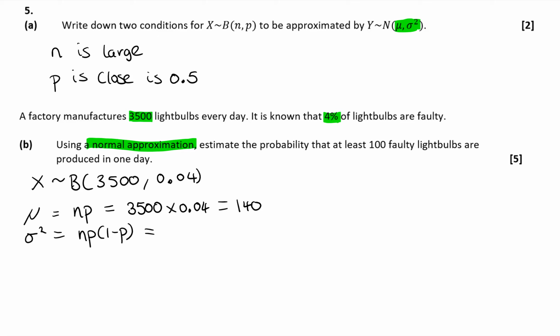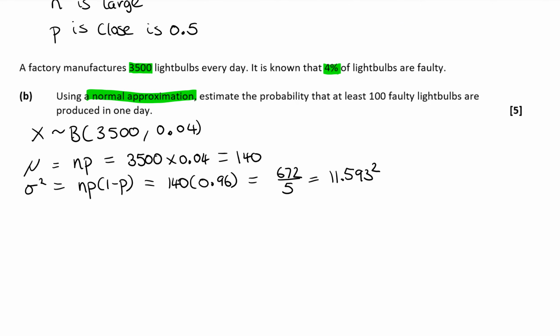And then sigma squared, that is just n times p times 1 minus p. If you wanted standard deviation, of course, you would just square root this. So we do the 140 that we just found, n times p, and we times it by 1 minus p, so we times it by 0.96. When we do that, we get either 672 over 5, or, if you like, 11.593 squared.